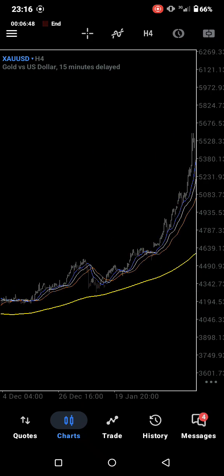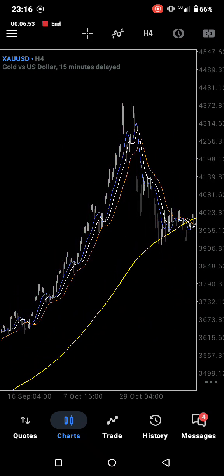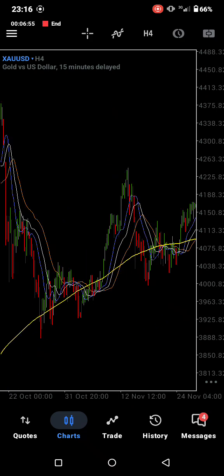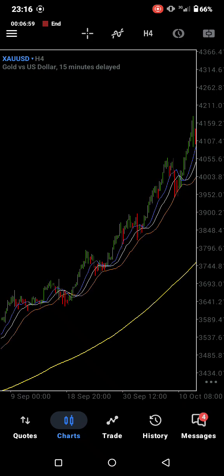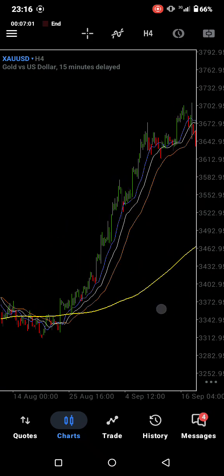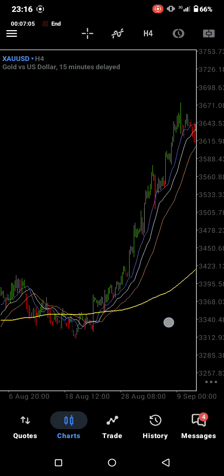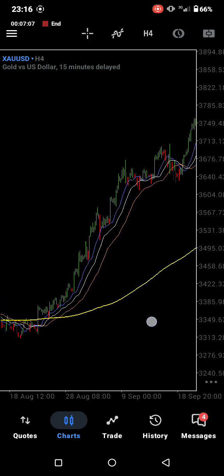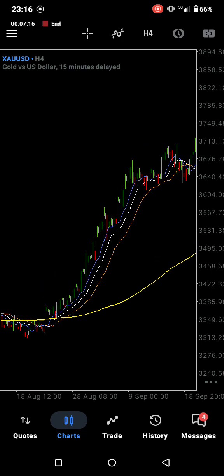As you can see, the 200 moving average can actually act as a support and resistance level for price, right? So it's also something very important to keep an eye on, considering a lot of hedge funds and institutions actually use the 200 EMA to place their trades. So now we've got a filter for our trend.